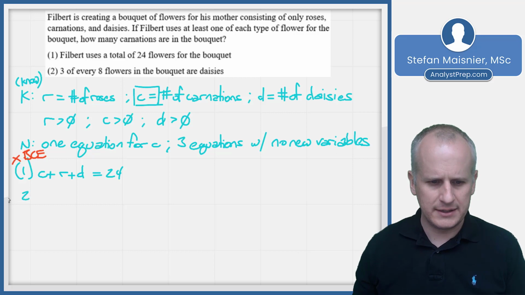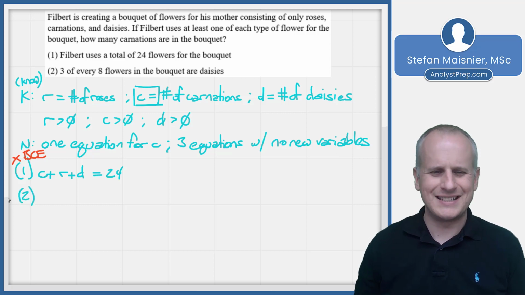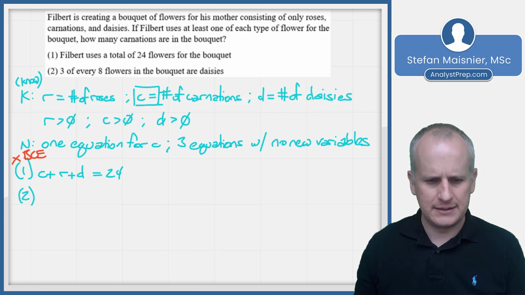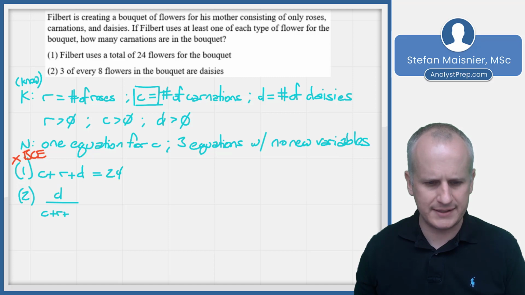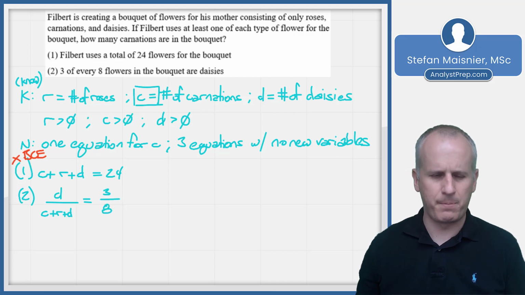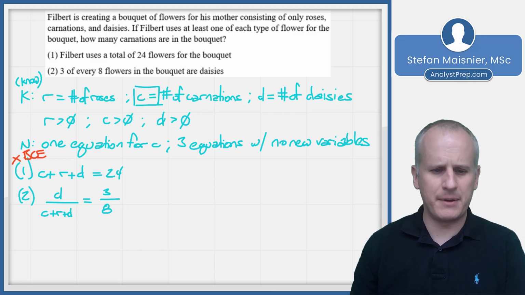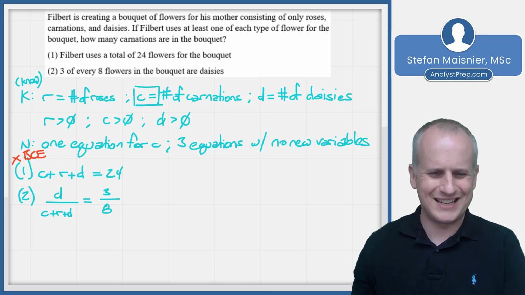Now, condition 2, algebraically, says 3 of every 8 flowers in the bouquet are daisies. Okay, so that means that D out of the total, so that's my C plus R plus D, is equal to 3 over 8. So we've got an equation. And on the exam, you're generally going to be well served to get rid of fractions.